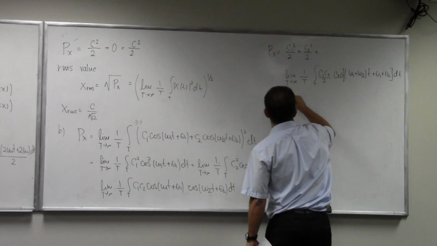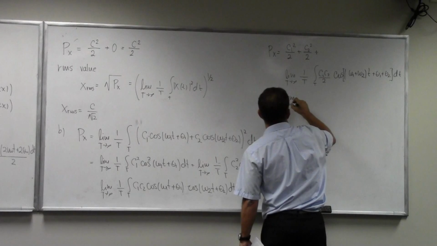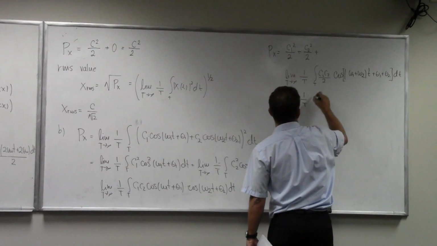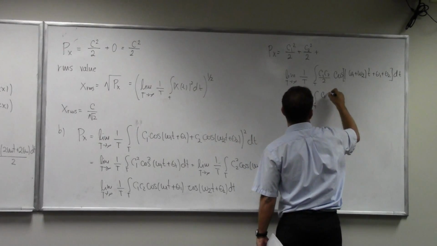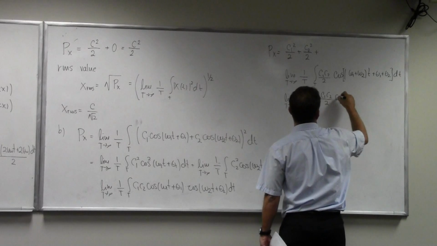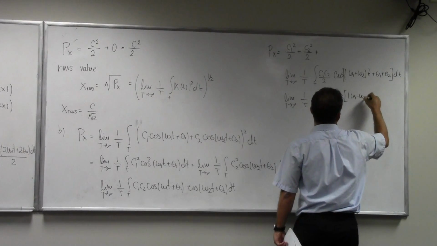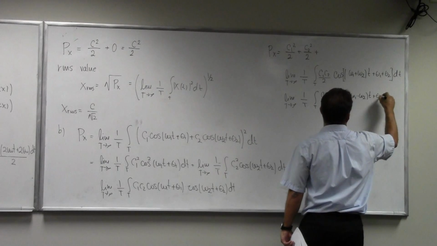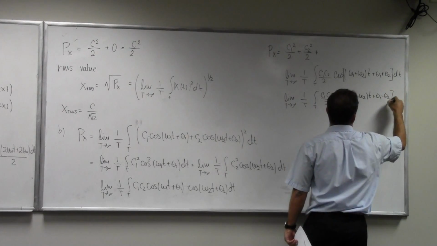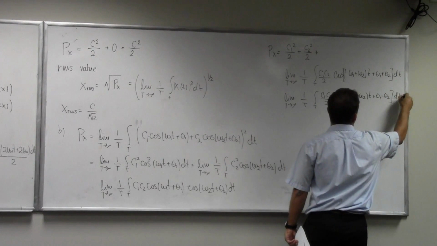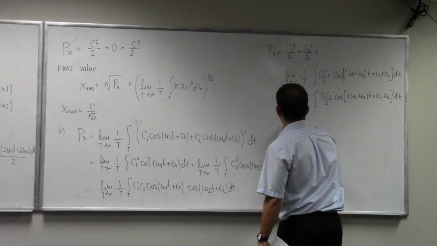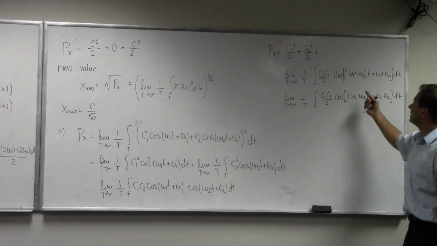And the last one is limit when t goes to infinity, 1 over t, integral over t, c1 c2 over 2, cosine of omega 1 minus omega 2 t plus theta 1 minus theta 2 dt.